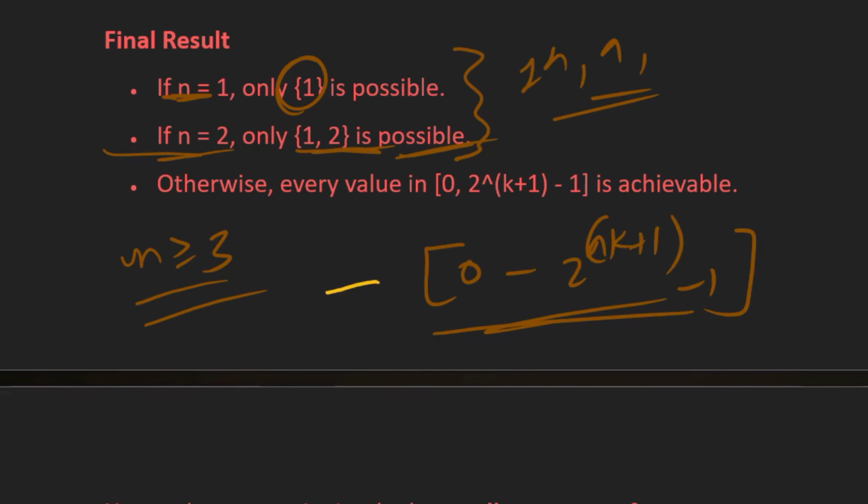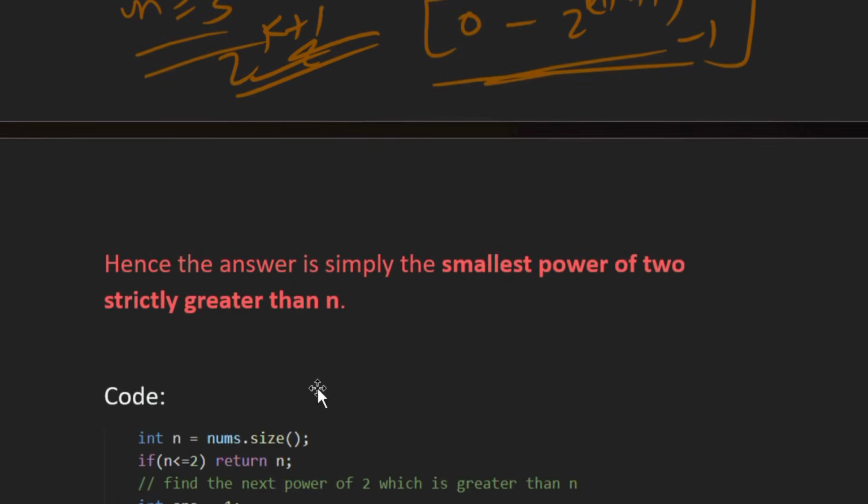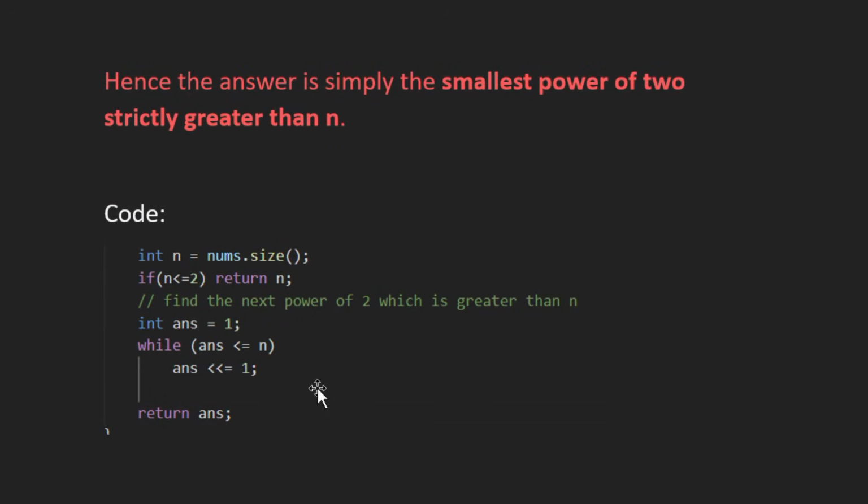So total possible distinct values is 2^(k+1), right? So basically what we do is we will find the smallest power of 2 strictly greater than n, right?